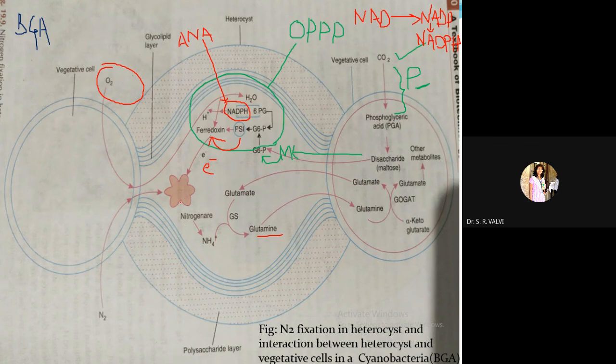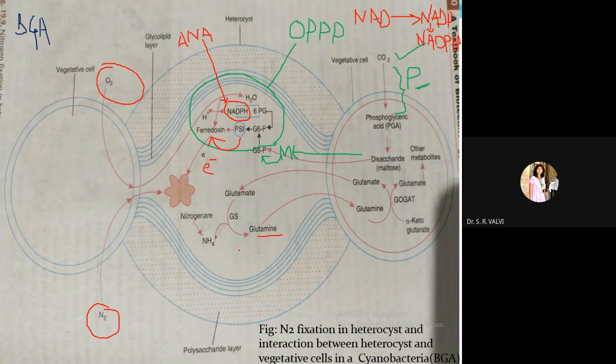So nitrogenase enzyme, when it takes the electron, then this N2 is going to convert into NH4 plus. Just look at the plus over there, right? So what is the difference between NH3 and NH4 plus?